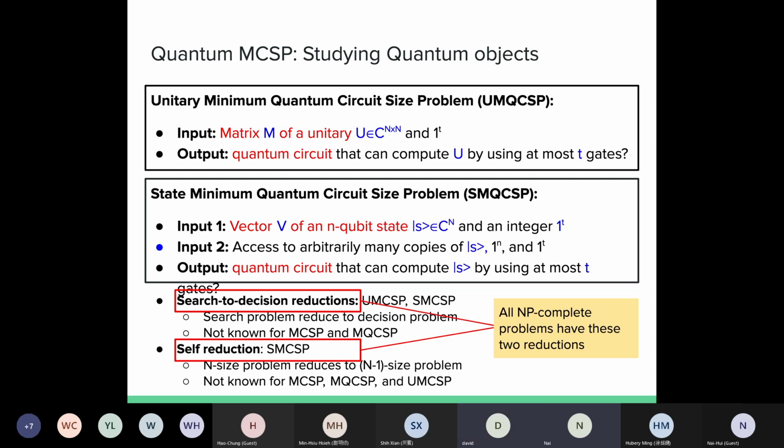Okay. That's interesting. Yeah, because actually, MCSP is just a small part of meta complexity. So meta complexity means that you consider the complexity of complexity. So you can consider that you are given some object like a Boolean function or something. You not just consider the circuit complexity of it.